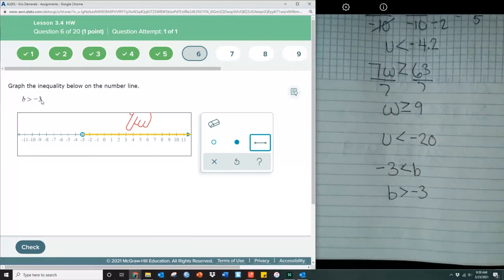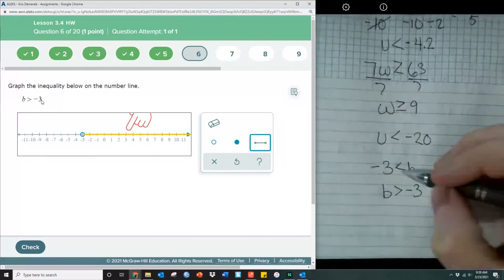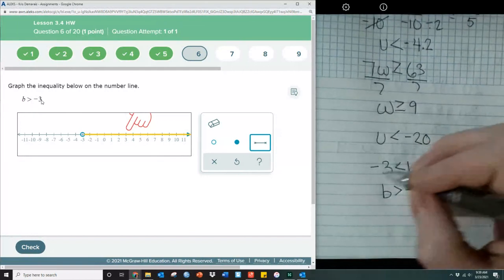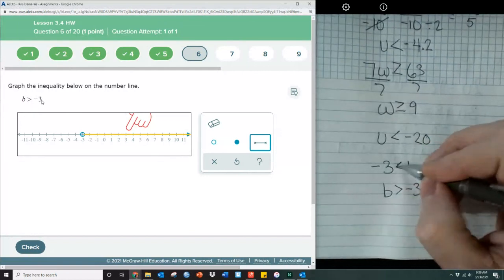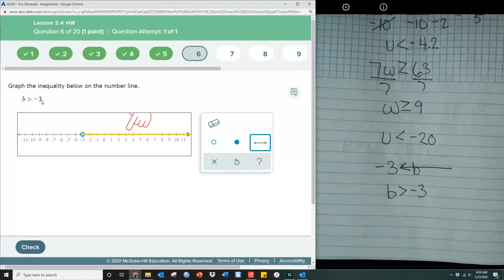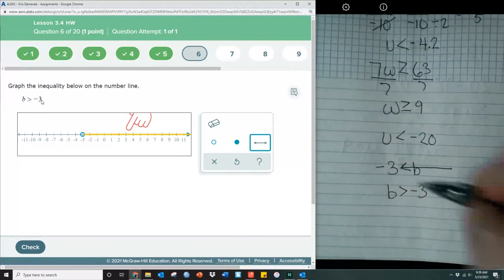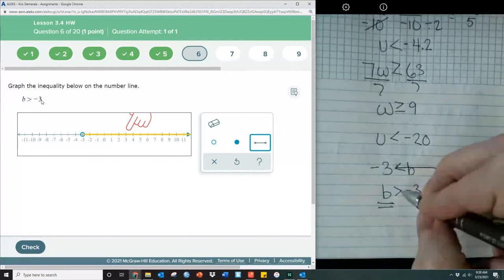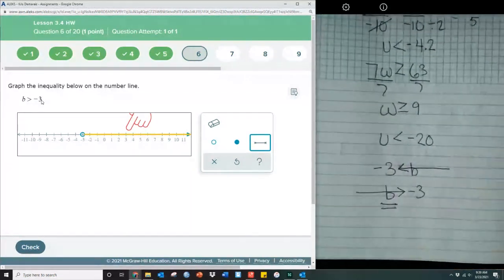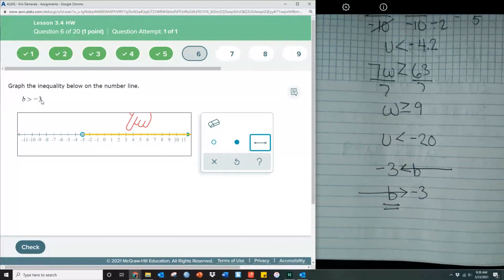So just so you can understand that, you can't think, because the number is on the left side, that it's pointing to the left, because the variable is not on the left. The variable has to be on the left side in order to practice this concept of the way the inequality is directed.